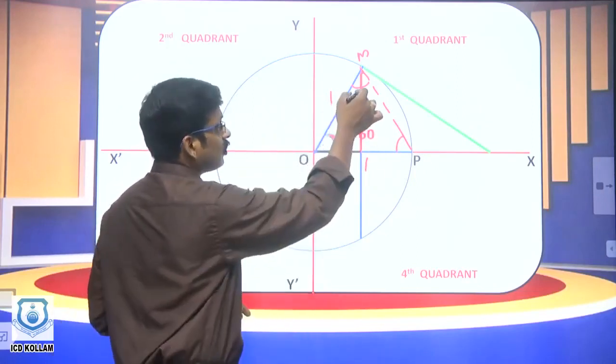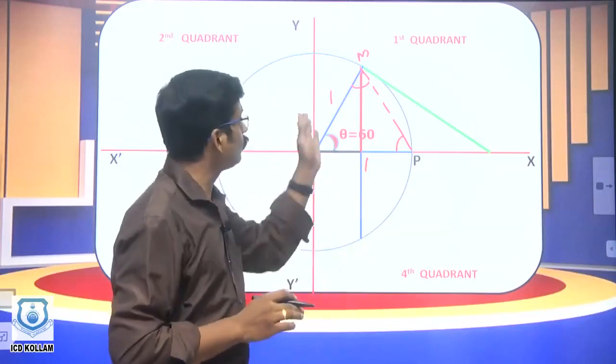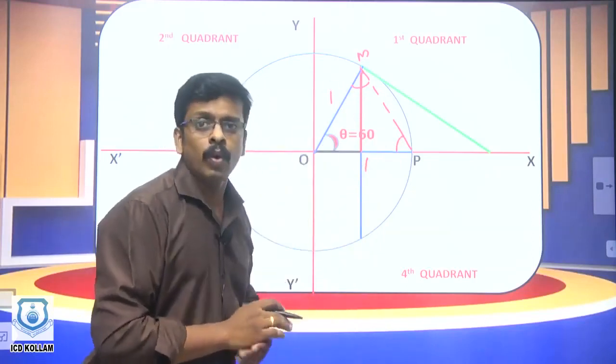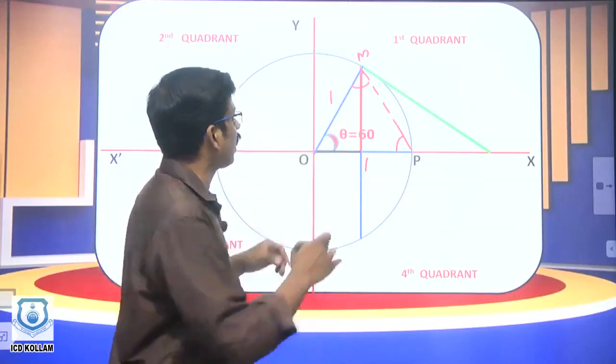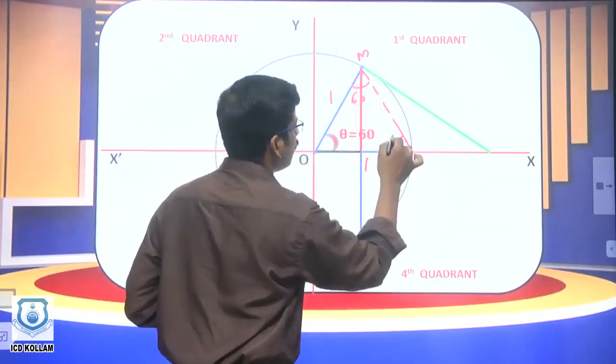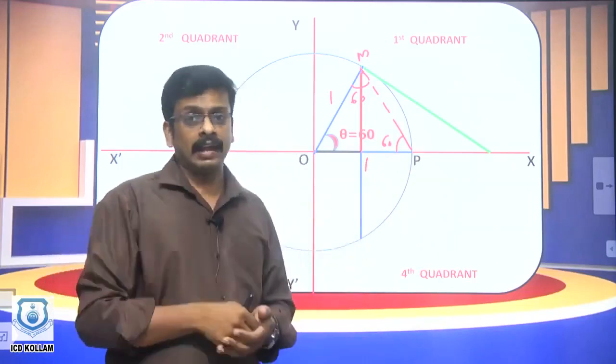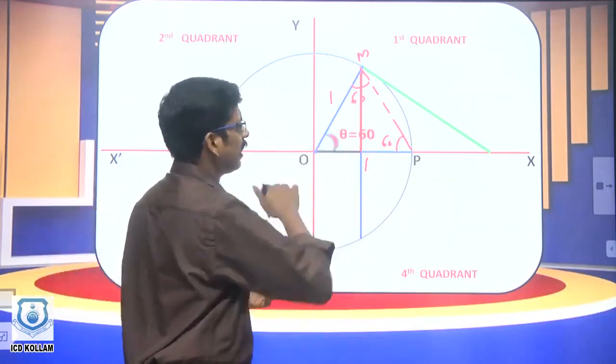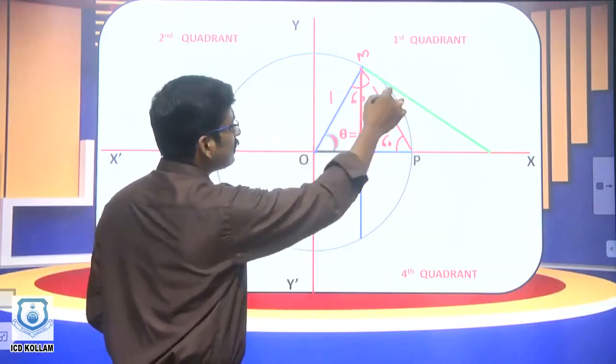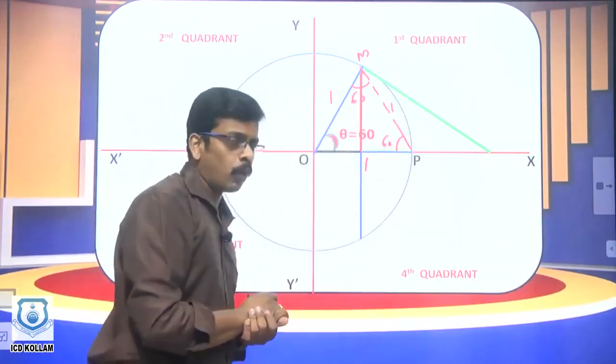So let us take these two as x, and all these three angles add up to 180. From there we can calculate these two angles and we get x as 60 and 60. So we get an equilateral triangle. In that equilateral triangle, all sides are equal since this is also 1.